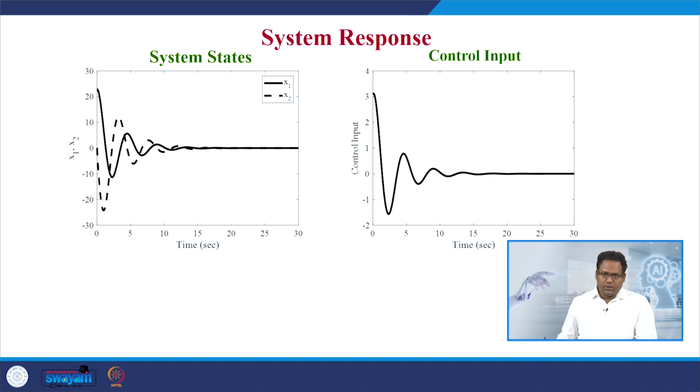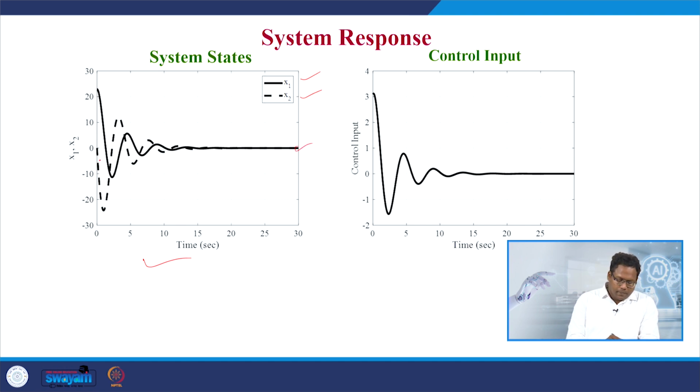After completing the entire simulation, or after the iterations have been completed, in order to meet the error tolerance, we have obtained this system states time history with respect to time, where x1 is the position and x2 is the velocity. It starts with the initial value of the state x1, that is, the joint angle being 23, and it converges to 0.